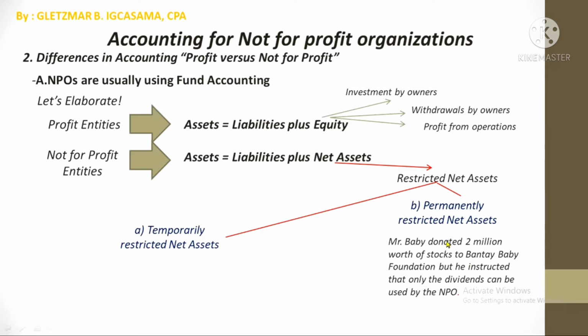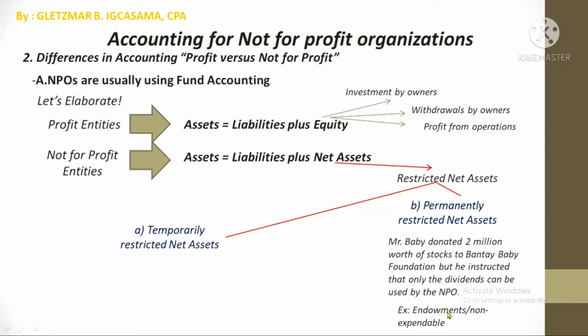Now, before we end the discussion on permanently restricted net assets, I would like you to remember a certain fund, which is the endowment fund. When you see this, treat this fund as a permanently restricted fund, okay? However, if it is stated that the endowment fund is board restricted, then it should fall under the unrestricted net assets under board designated funds.